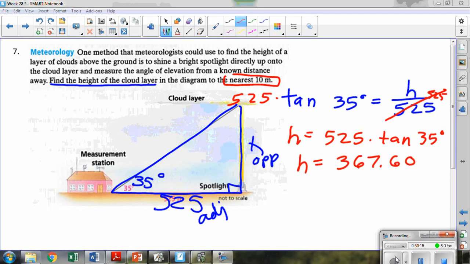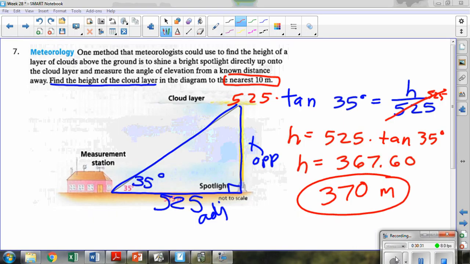Round your answer to the nearest 10 meters. We didn't round it to the nearest 10 meters. Rounding it to the nearest 10 meters as we were instructed, 370 meters is the height. It's a little thing, but frankly, why would you want to lose a couple points just because you didn't read the directions?